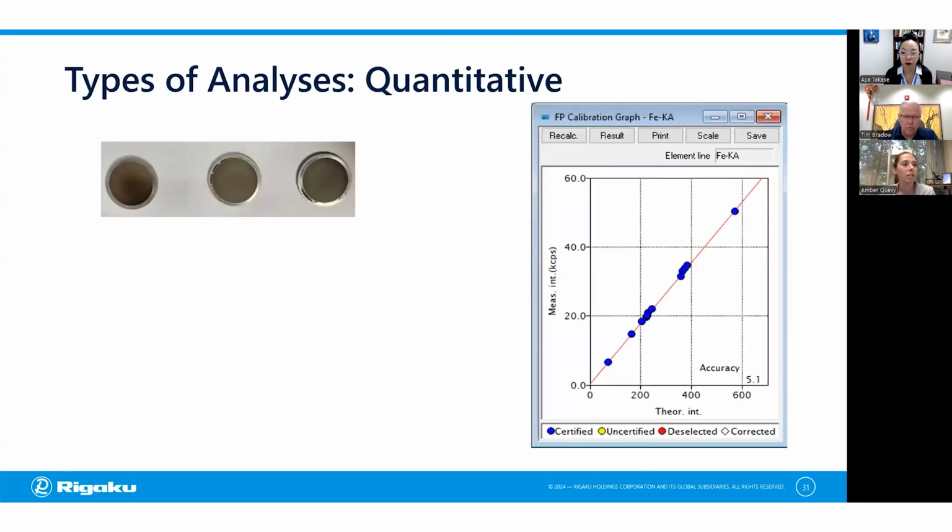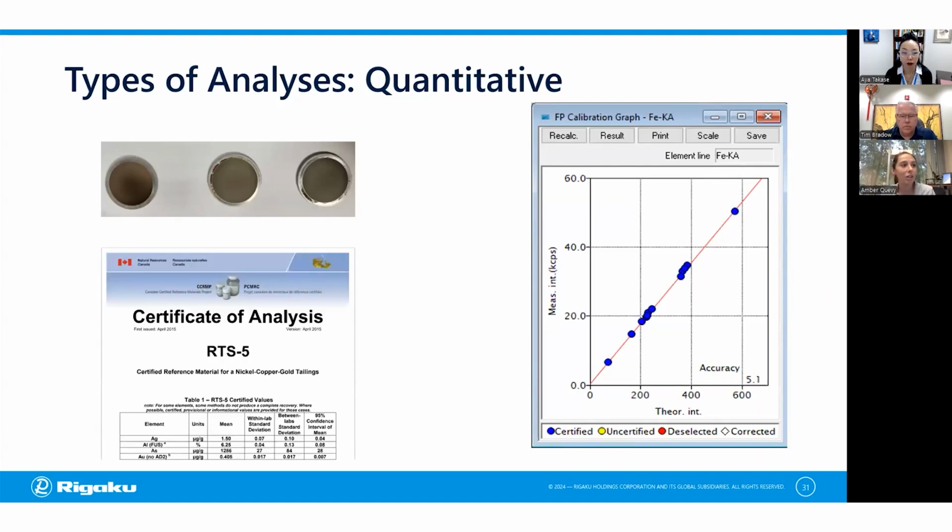So once you've got your standards and you've got your values, we're then going to collect intensity on the spectrometer. So earlier we saw that spectra. We're not going to see spectra in the case of a quantitative analysis. But the instrument is going to then associate an intensity.